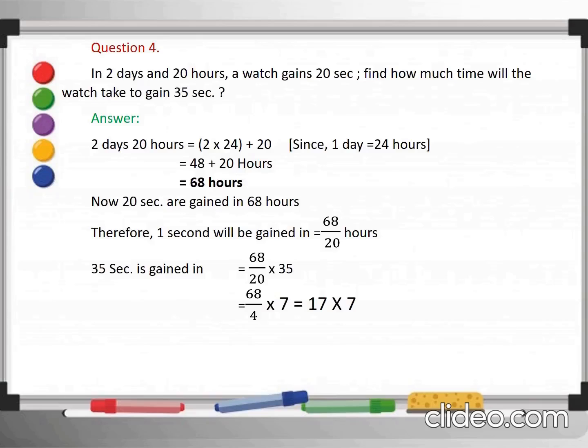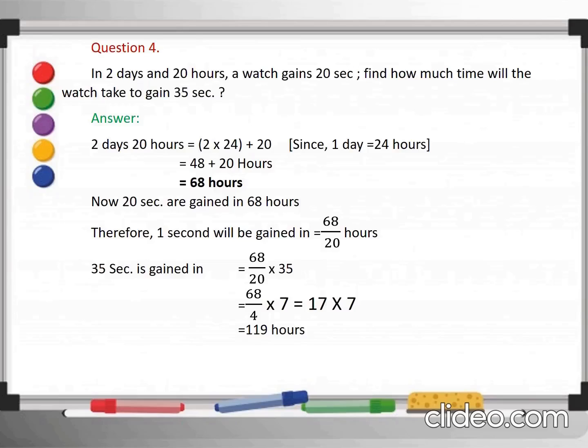So 4 ones are 4, 4 17s are 68. We'll have 17 into 7, which equals 119 hours.